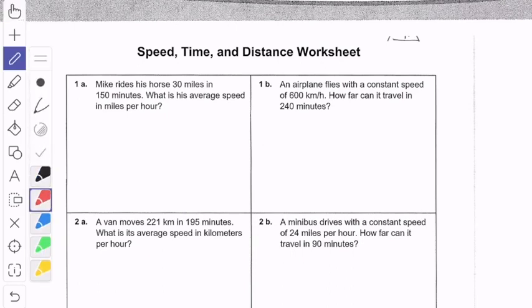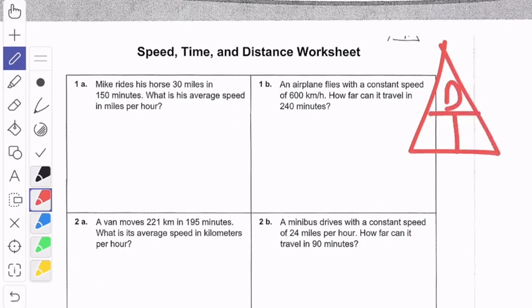All right, the last page here is distance, time, and speed. So remember that we have our triangle. It's distance over speed and time. When you do these problems, they're a little tricky. I'm going to help you with the first one, because we want time to be hours, and they have it in minutes. The first one, they want average speed.